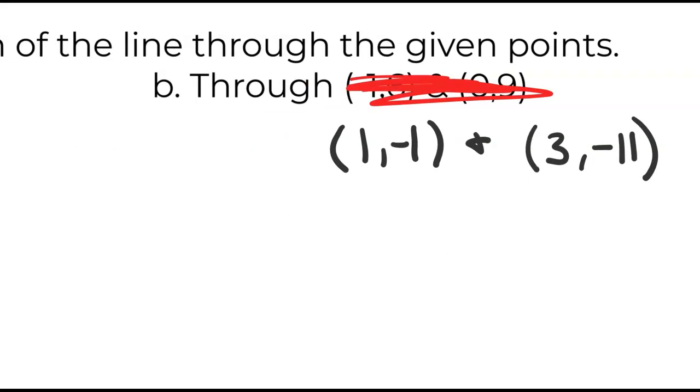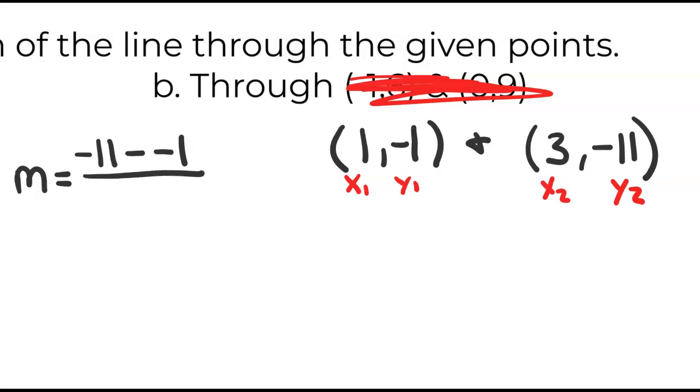First thing you always do is find your slope. So again, I'm going to label these points using our x1, y1 stuff, and our x2, y2. So then we can easily subtract them to find our m value. So this would be -11 minus -1 divided by 3 minus 1.